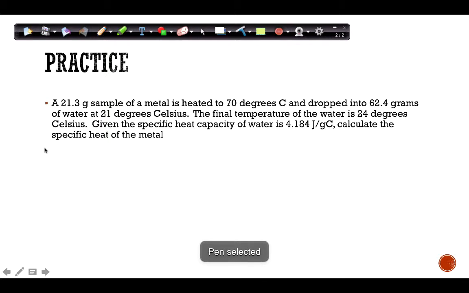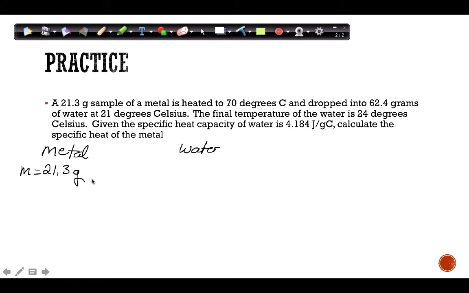So let's divide out all the information we have, because we have information about the metal and we also have information about the water. So for the metal, my mass is 21.3 grams. It's heated to 70 degrees Celsius and then at that point it was dropped into the water.